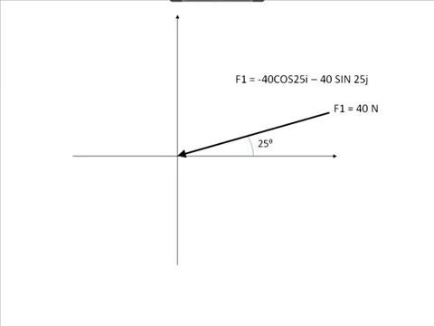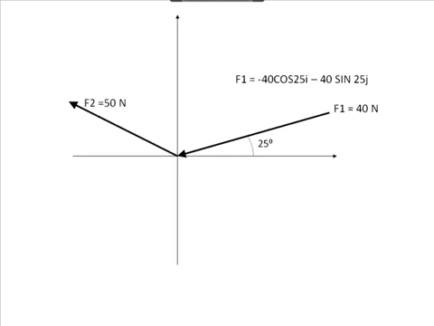When it comes to positive and negative sign, we have to see in which direction the resolved component is. If it is in negative x direction or negative y direction, the signs will be negative. Therefore, as you can see, the x component of this 40 force is minus 40 cos 25, and the y component of this force of 40 Newton is minus 40 sin 25.